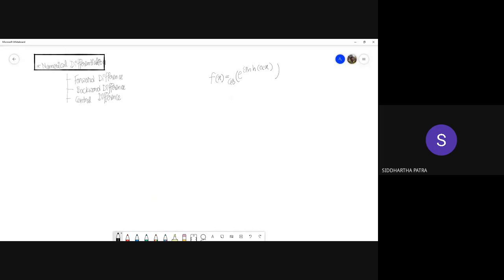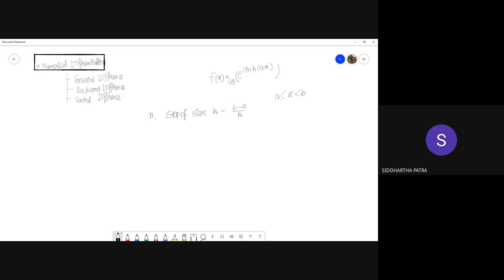For example, x ranges from a to b, and you may take n steps of size h, where h is b minus a divided by n.